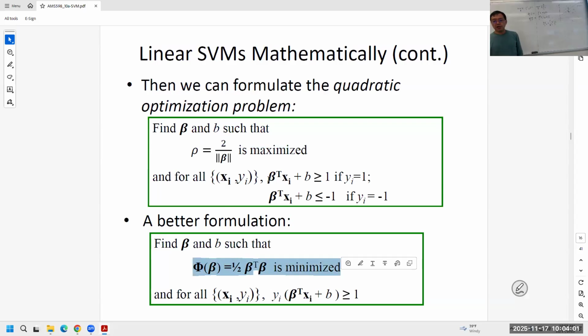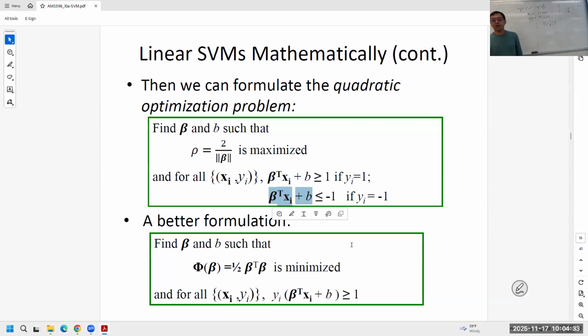Now for the inequality constraint, we can write it in a more concise way. For all the xi, yi, we can say yi times (beta transpose xi plus b) is bigger than or equal to 1. We can do that because if yi equals -1, you multiply by -1 on both sides and it also becomes bigger than or equal to 1.